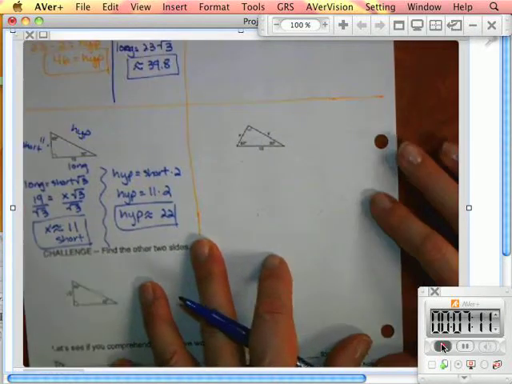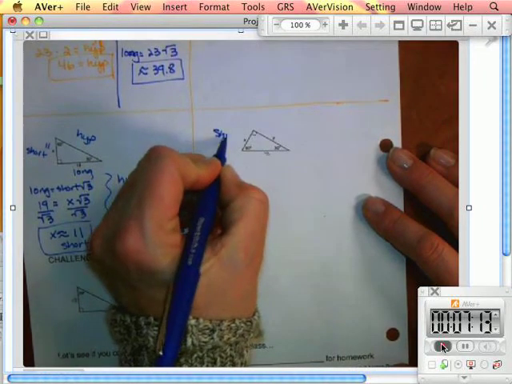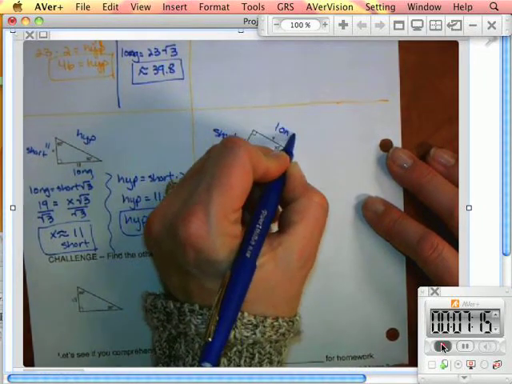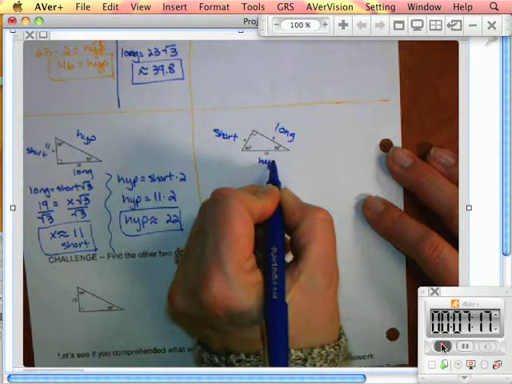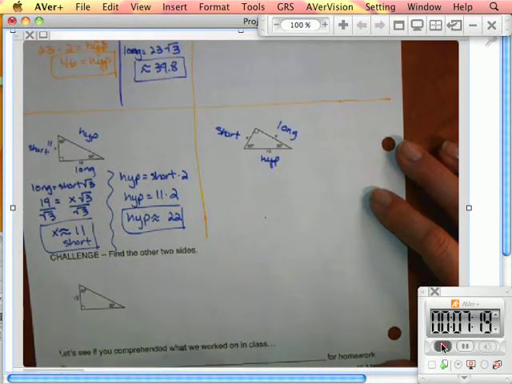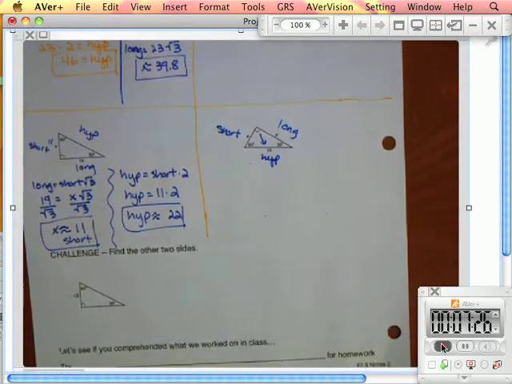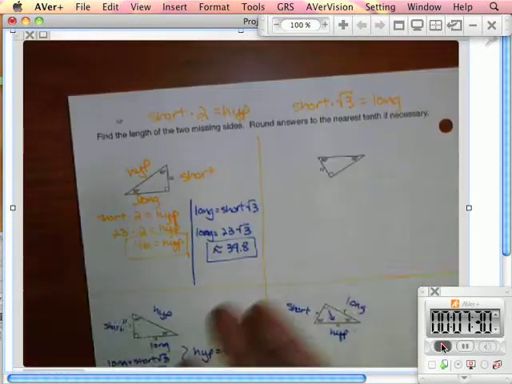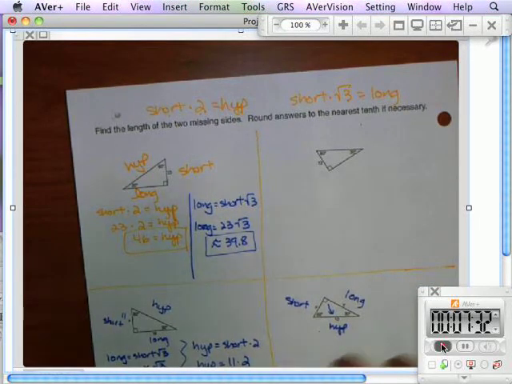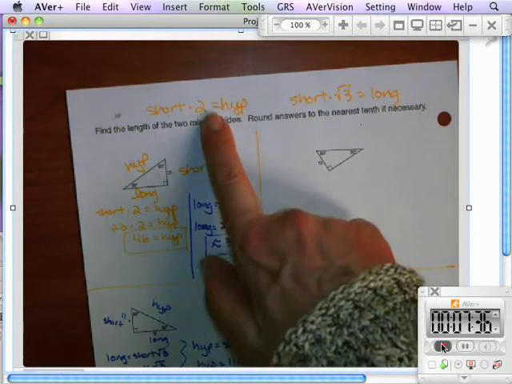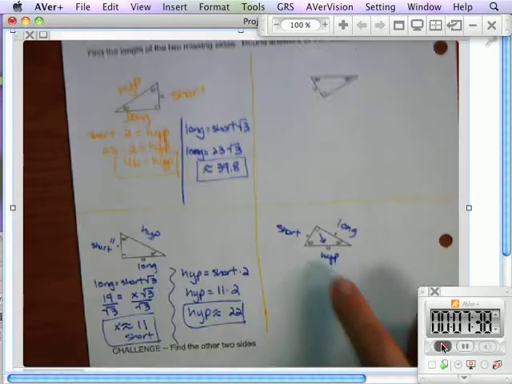So let's do this one. Short, long, hypotenuse. The hypotenuse is always opposite what angle? The right angle. They gave me the hypotenuse, so which is my only option to start with? This one is the only one I can start with because the only number I know is the hypotenuse.